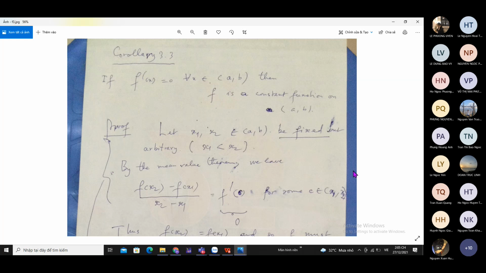I mean that this is a number c between x1, x2. So f prime of c equals f of x2 minus f of x1 over x2 minus x1. We just apply the mean value theorem to the function f on the closed interval x1, x2.